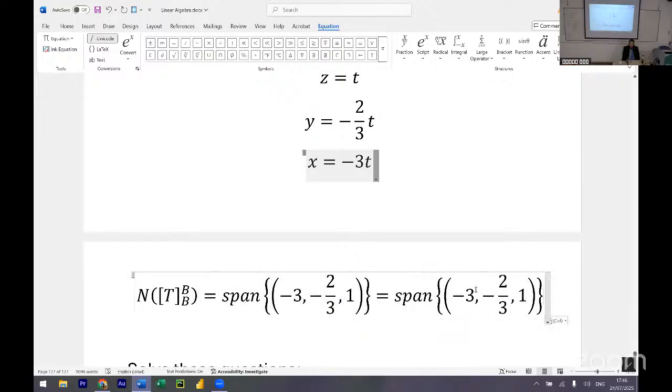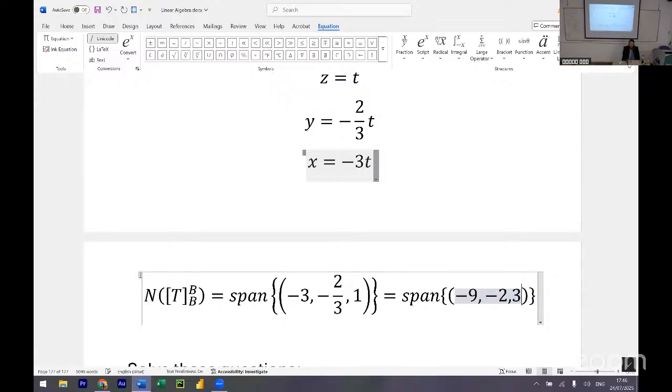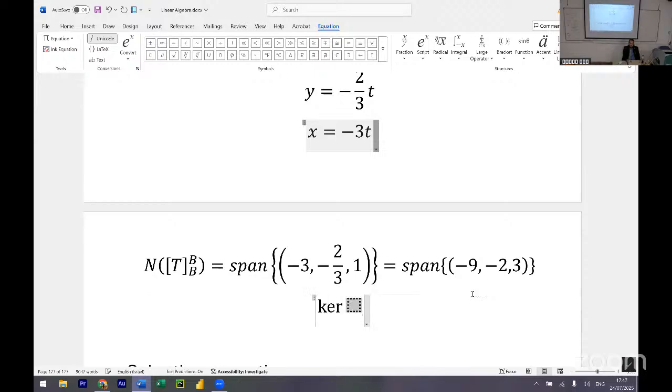So it will be -9, -2, 3. And these are again the coefficients. It's not the actual kernel. If you want the kernel of the linear transformation, you must multiply these coefficients by the basis B.